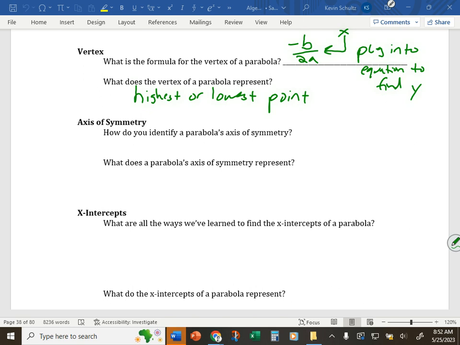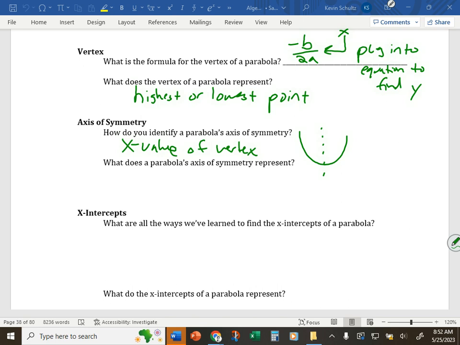Okay? Axis of symmetry. What is the axis of symmetry? How do you identify it? Isn't that just the middle point? It is the middle. It is the x value of the vertex. Right? It's that vertical line that passes through the center of a parabola.